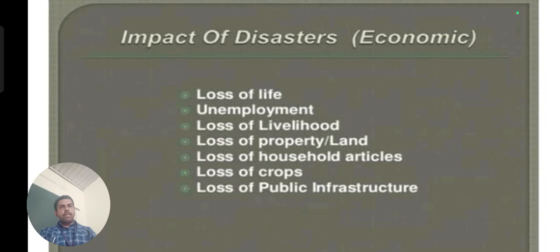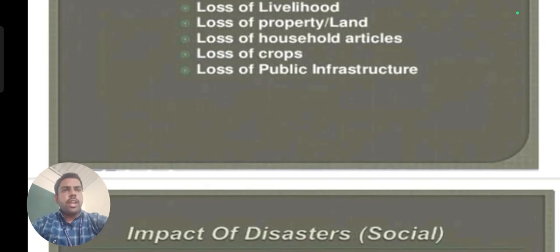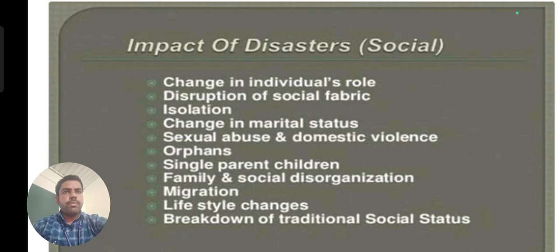Coming to the economic point of view, some of the impacts of disasters are loss of life and unemployment, loss of livelihood and loss of properties, and loss of household articles, and loss of crops, and loss of public infrastructure. These all come under the economic point of view. And coming to the social point of view, changes in individual role.